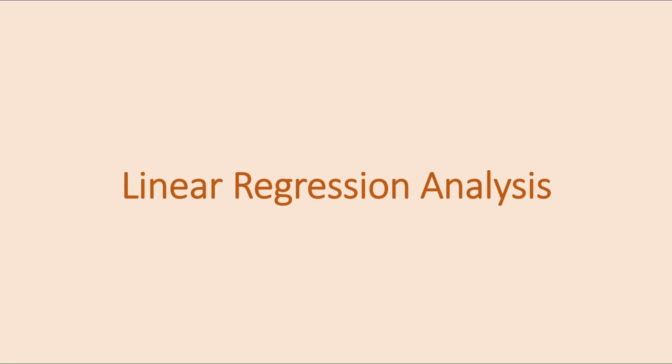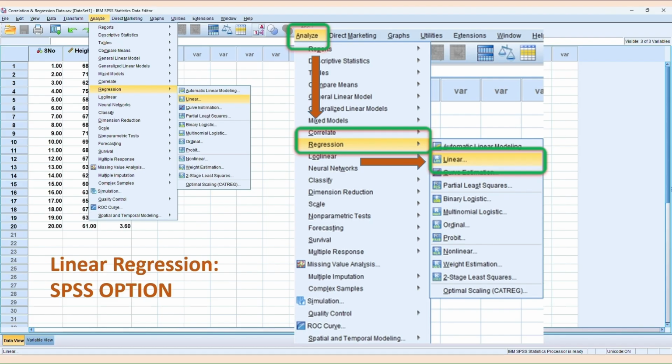Linear regression analysis. For linear regression analysis in SPSS, we go to Analyze, Regression, and select Linear.